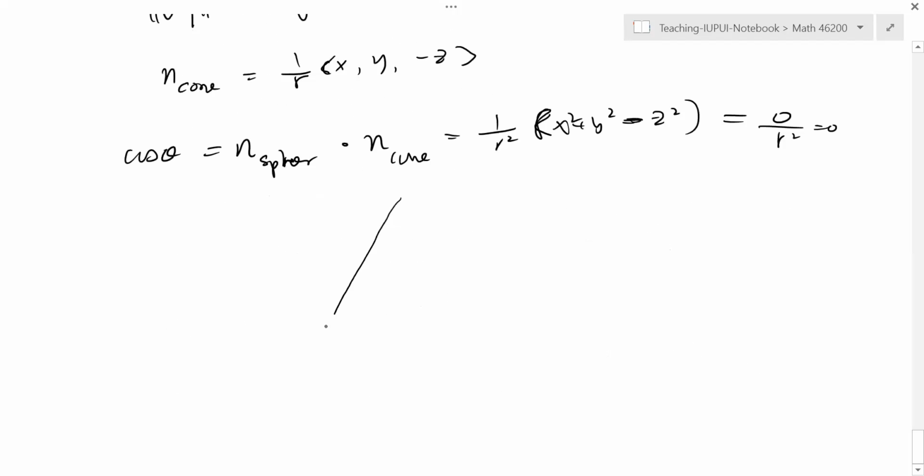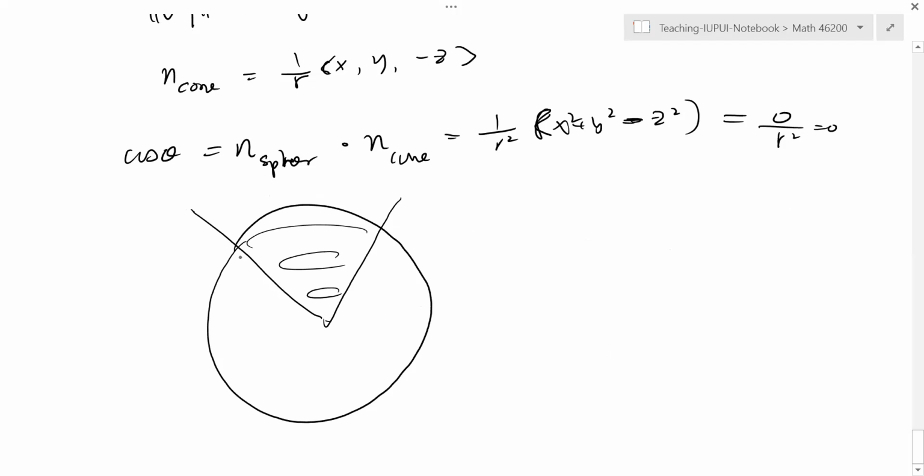So for this cone, when it intersects with the sphere, the angle here is always perpendicular, and that's easy to see from the two-dimensional case. This is a 90 degree. This is a special cone? No, it doesn't matter.